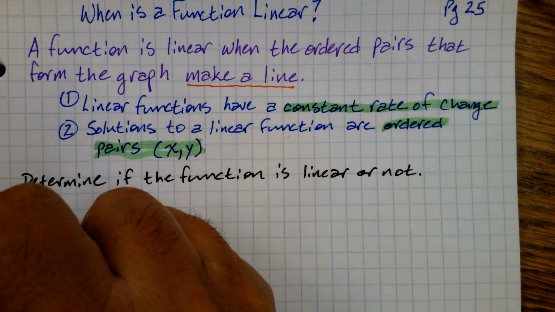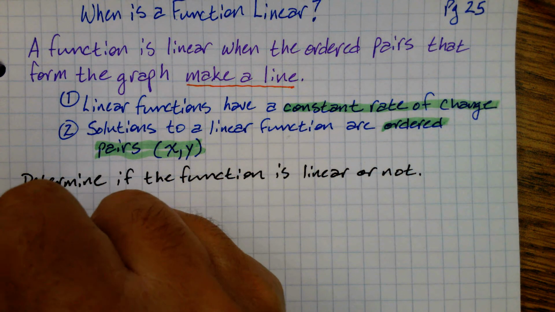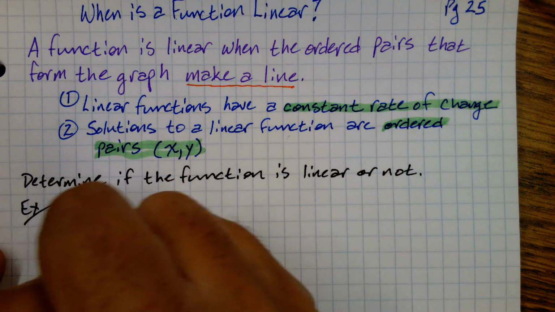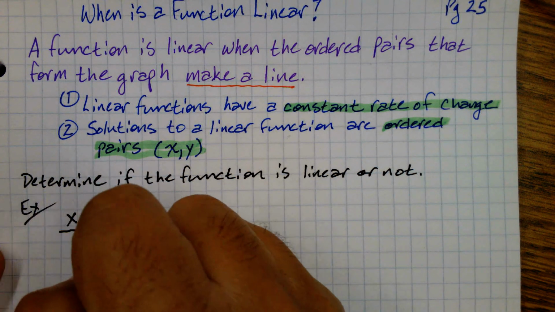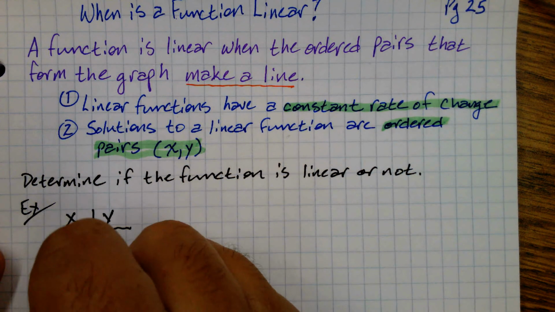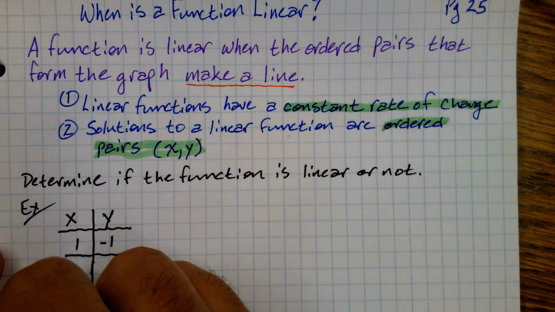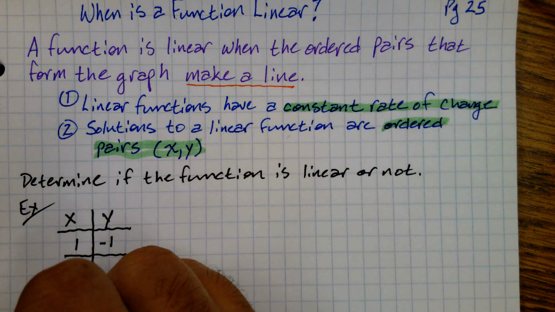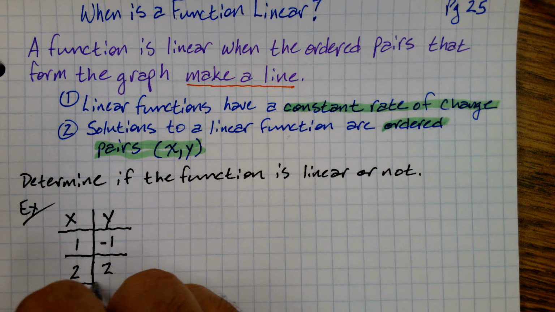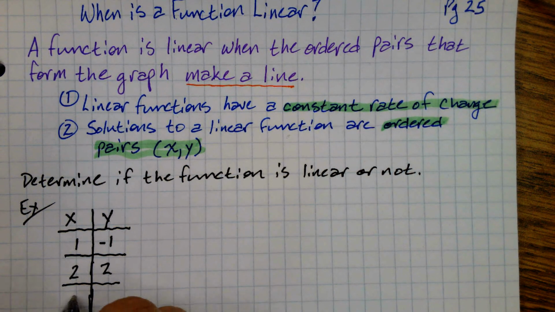Let's say we have a table, and x and y. And we'll have some values here. 1 and -1. 2 and 2. 3 and 5.